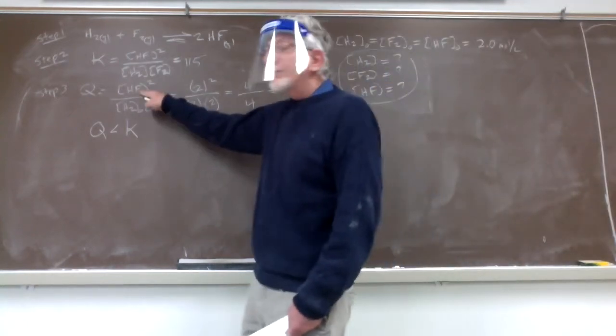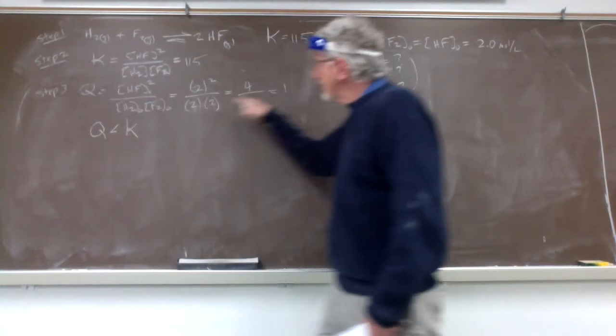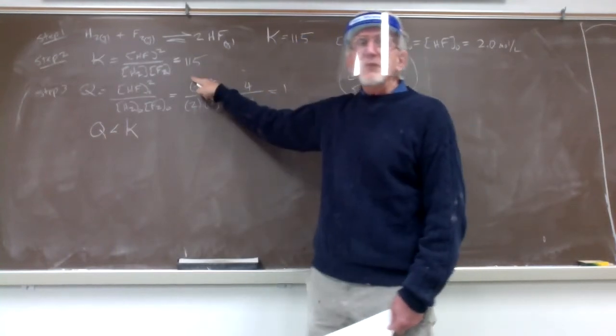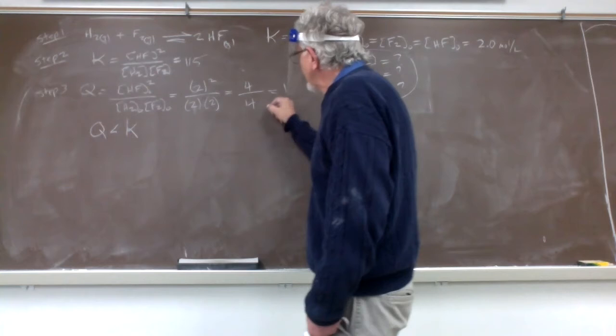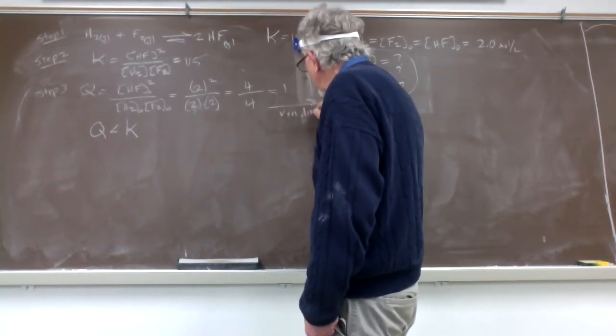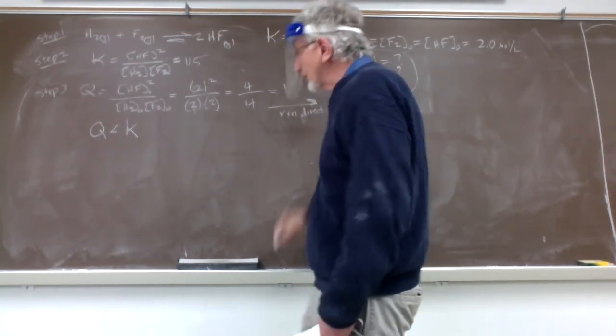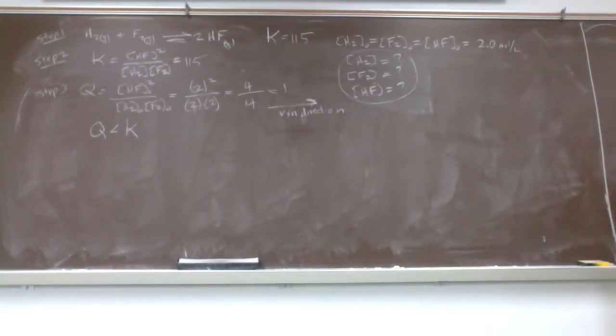Since Q is product over reactant, and it's too small, and it's only 1 when it would need to be 115 if it were at equilibrium, we don't have enough product, so the reaction direction is to the right. Everybody on the same page?